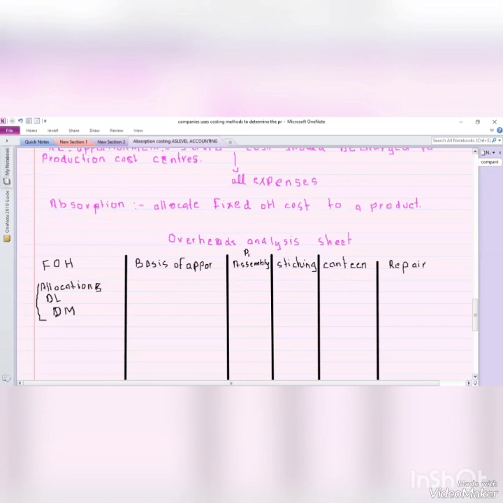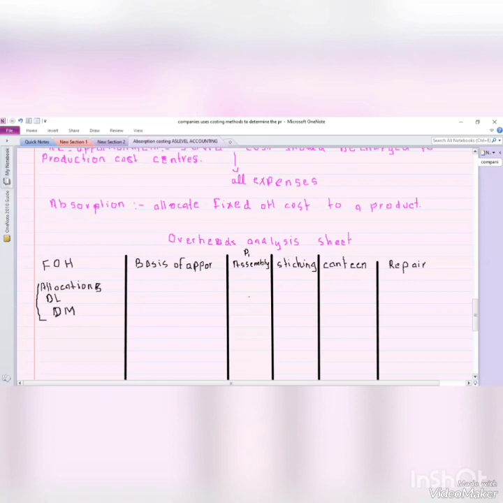Allocation means we have some specific cost related to assembly, some for stitching, canteen, and repair, only direct labor and direct material cost, and we put these costs into their respective departments.